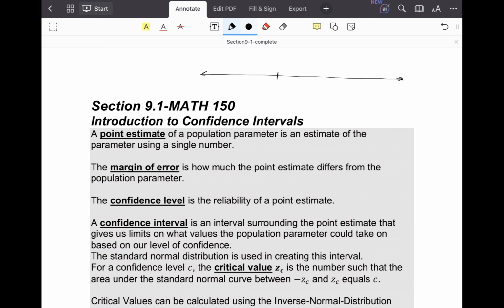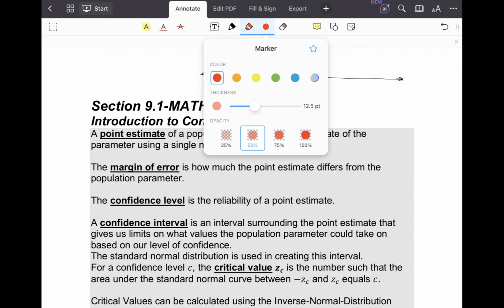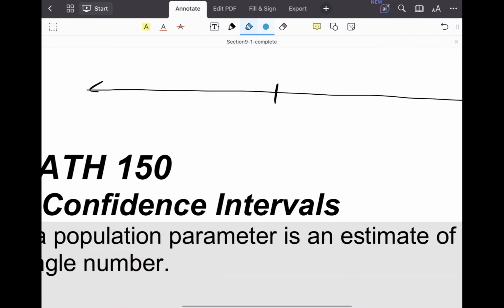We'll say this is where the middle of our confidence interval will be, and then we'll make a region around here, and it's symmetric on both sides, so I'll try to get them to be the same size on both sides. That whole region, so this would be your lower limit, this would be your upper limit.